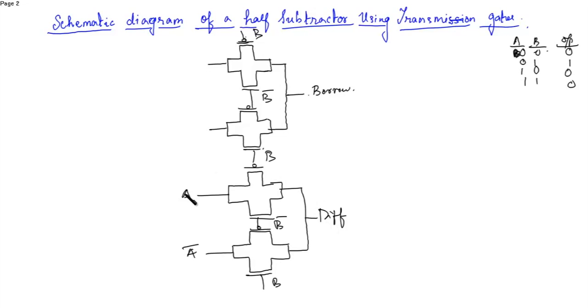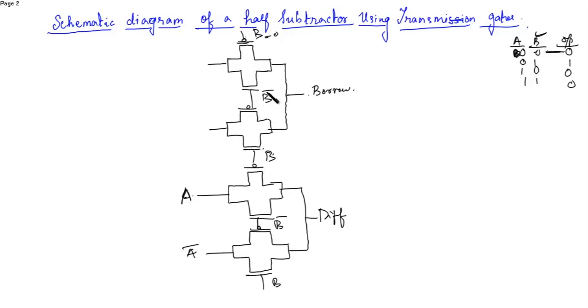We had already designed the XOR gate. So over here, we have to see when it's 0 0, my output is 0. B is the controlling input. When B is equal to 0, B bar is equal to 1.